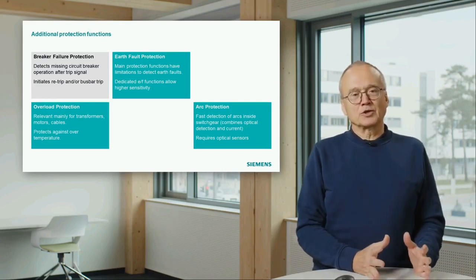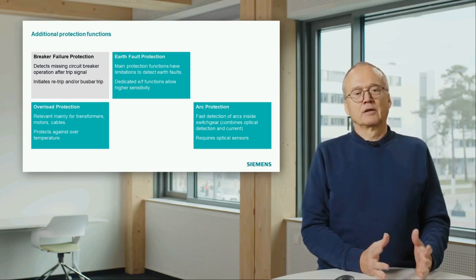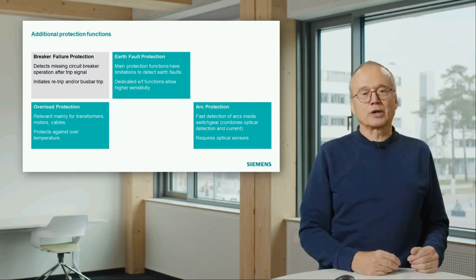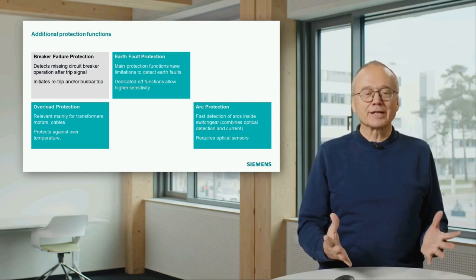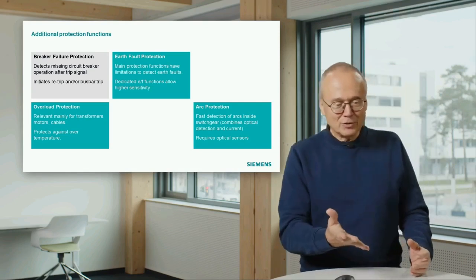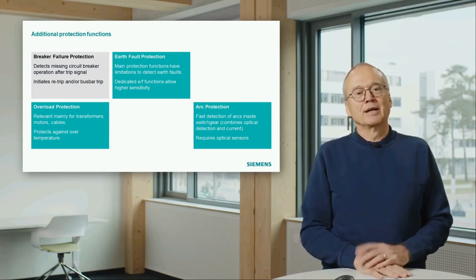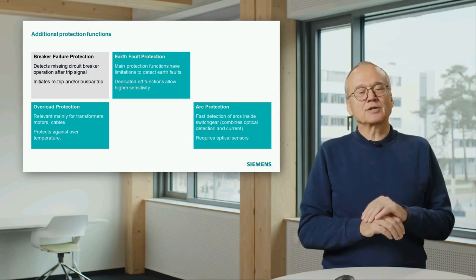The first one is very simple, to detect the breaker failure. You can imagine the protection relay gives a trip command, it sees a short circuit, and nothing happens. And it's easy to detect that because the protection relay sees still current flow, although it has issued a trip command. That means the detection of this situation is normally pretty easy.